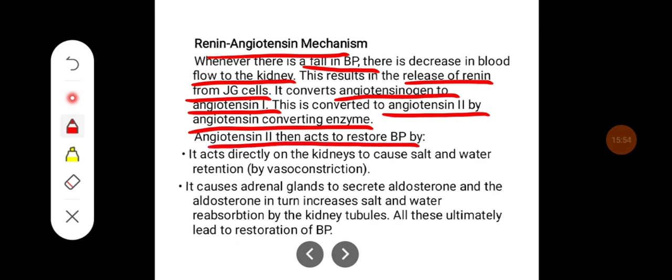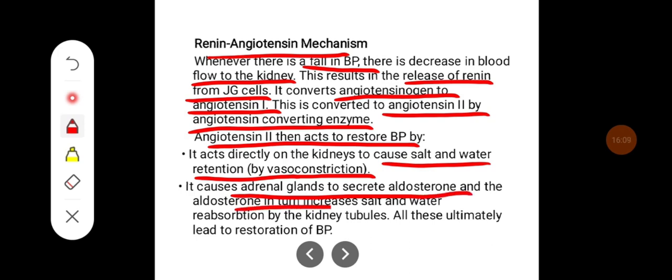Angiotensin 2 acts to restore the blood pressure by directly acting on the kidneys to cause salt and water retention, and also by vasoconstriction, and it also causes adrenal glands to secrete aldosterone, and aldosterone in turn increases salt and water reabsorption by the kidney tubules. All these ultimately lead to restoration of blood pressure.